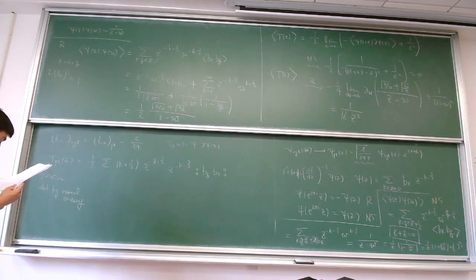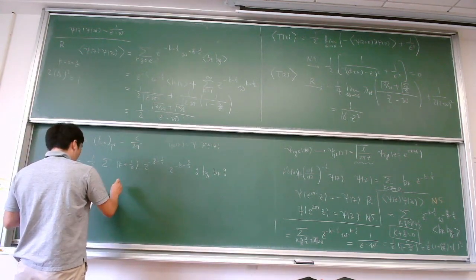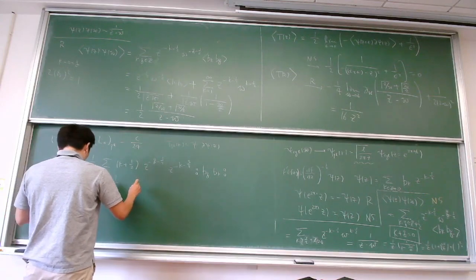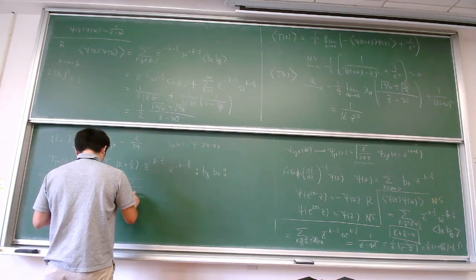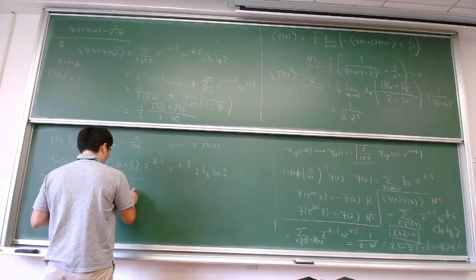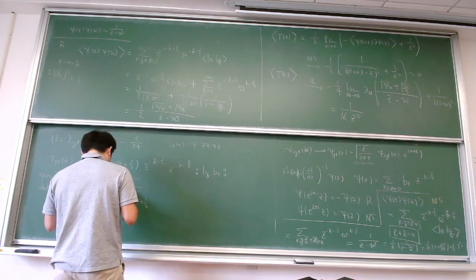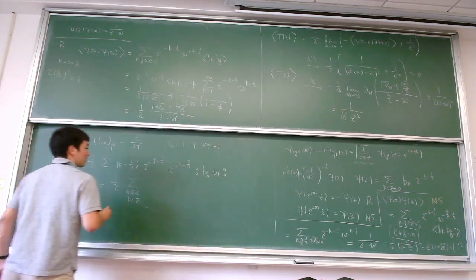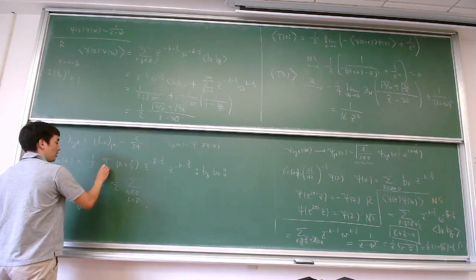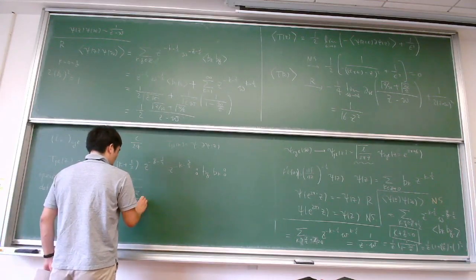Sorry, this can be simplified: 1/2 the sum of N and K. Sorry, this is plus. I didn't write it down specifically: K and Q is Z plus mu.